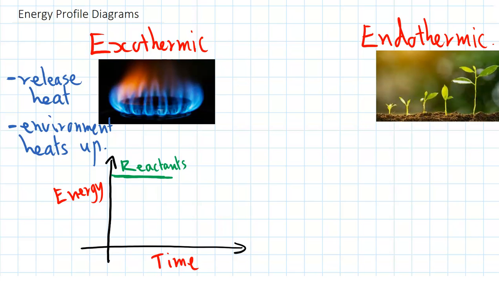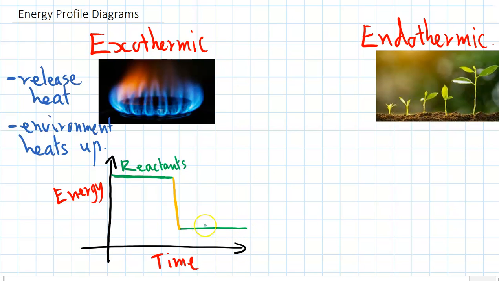And then as the reaction progresses, as soon as those reactants light on fire and they start releasing all their heat, they're losing a whole lot of energy into the environment, and that's why the environment's heating up.